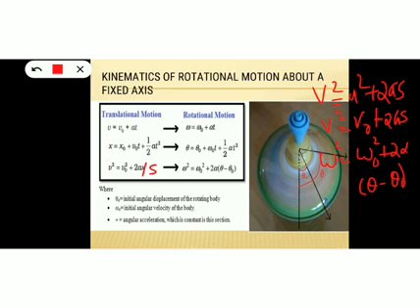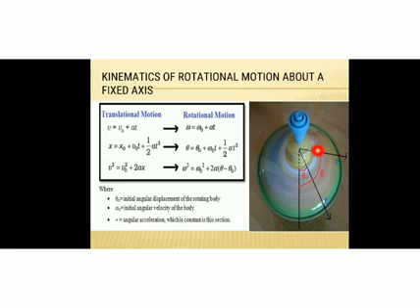Theta is the angular displacement after a time t, and theta0 is the initial angular displacement of the rotating body. Theta and theta0 are marked here. Consider a point P on a rotating body. As the body rotates, the point P also moves. Initially this was the position of point P, and the object has displaced by a certain angle theta0.